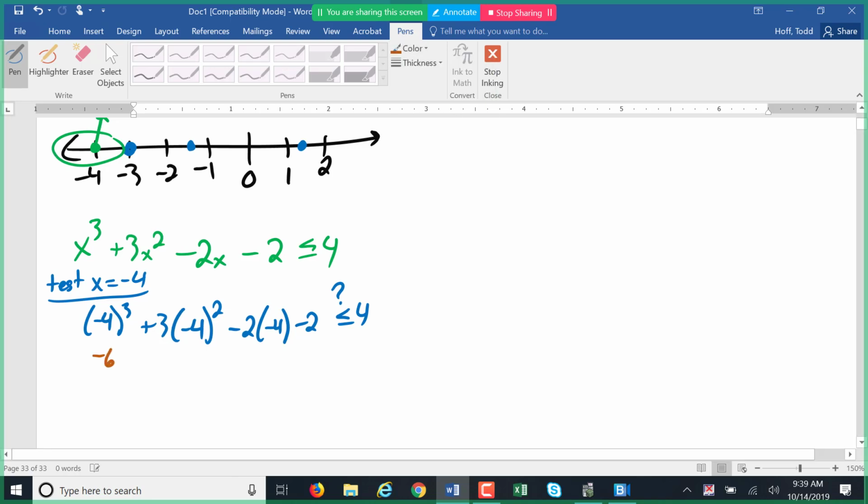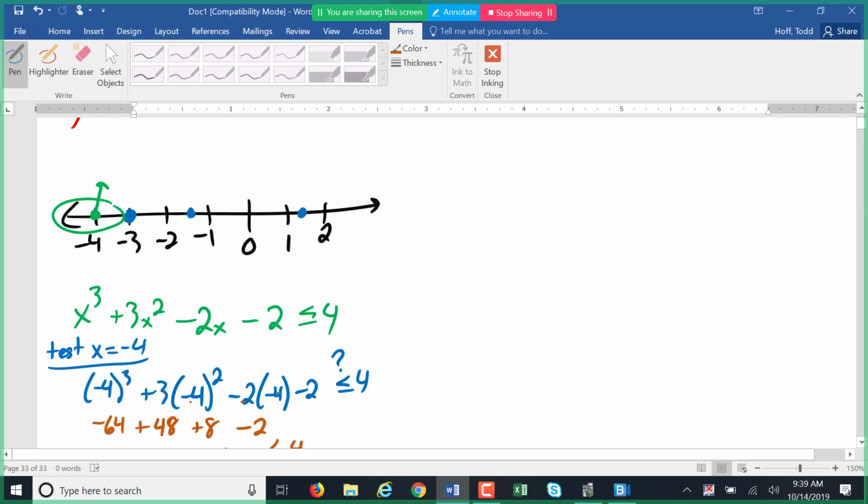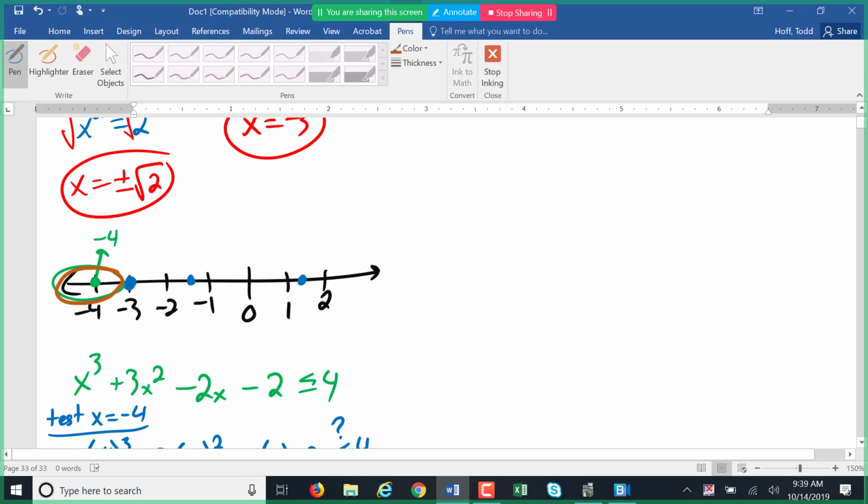Negative 4 cubed is a negative 64. Negative 4 squared is 16 times 3 is 48. Negative 2 times negative 4 is a positive 8 minus 2. Well, this adds up to negative 10, I believe, which is less than or equal to 4. So that's telling me this region here is true.